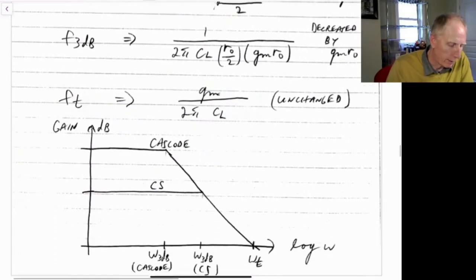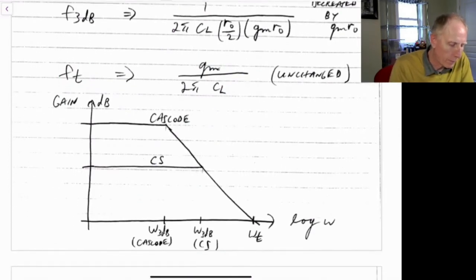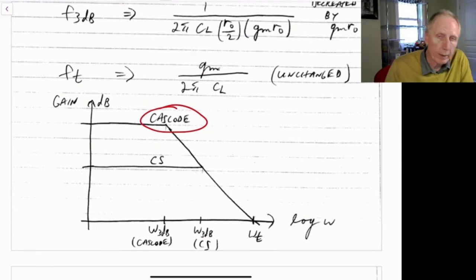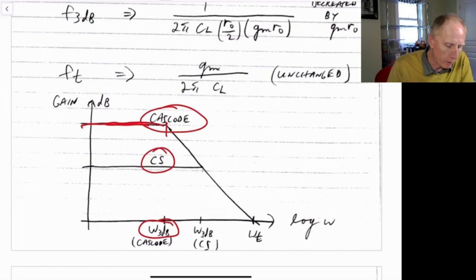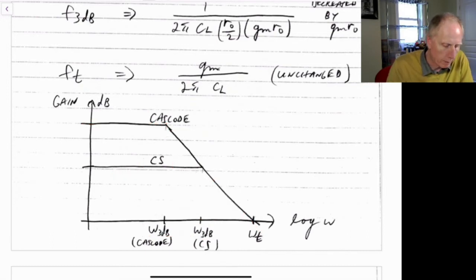If we look at the cascode case here, with a cascode amplifier, we see a very large DC gain and a fairly low 3 dB frequency. With the common source without being cascoded, we see a lower DC gain but a higher 3 dB frequency. But as they drop off, for both cases we have the same omega t.